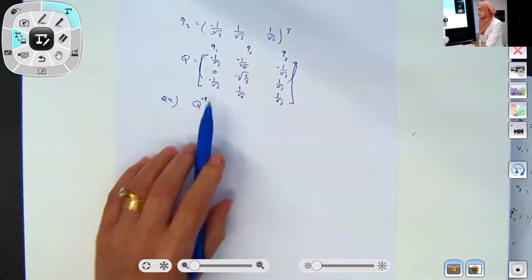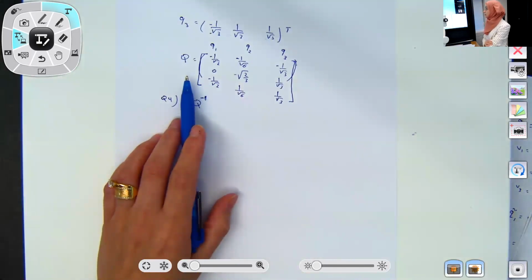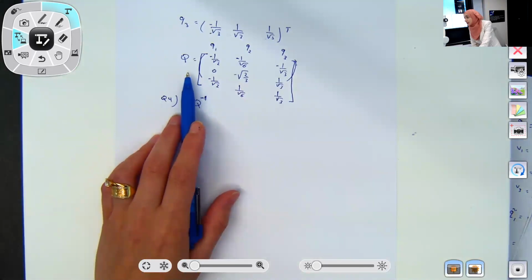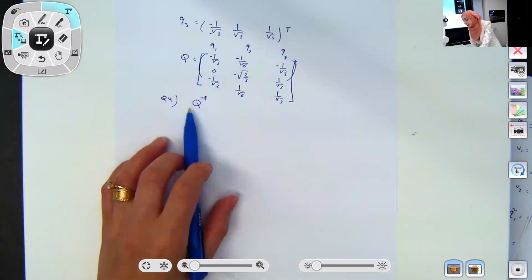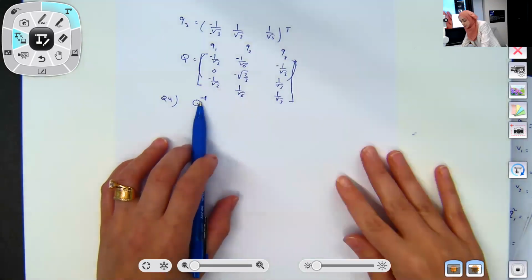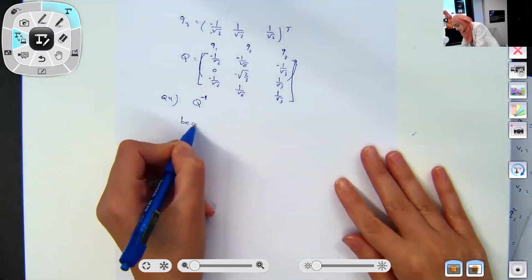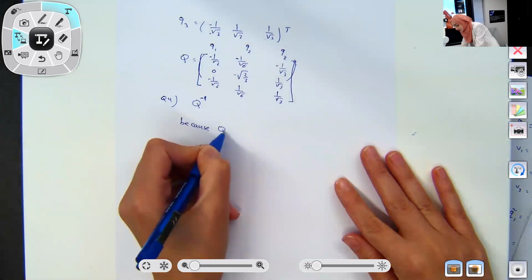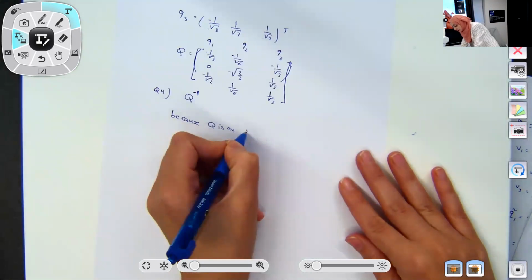If you look here, we found the value of Q, which is an orthogonal matrix. Because Q is an orthogonal matrix, Q inverse equals Q transpose.